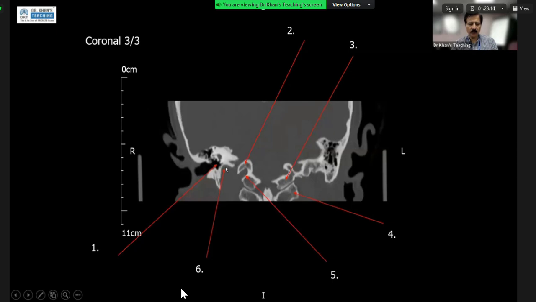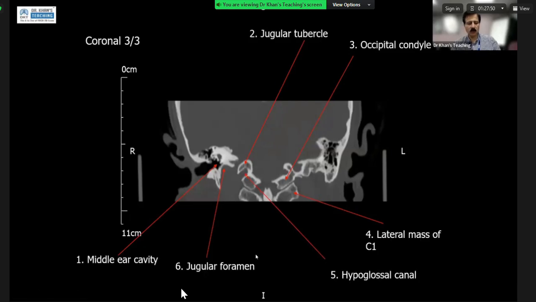What is number 6? Excellent. And this, of course, what is number 3? Right, occipital condyle and rest.